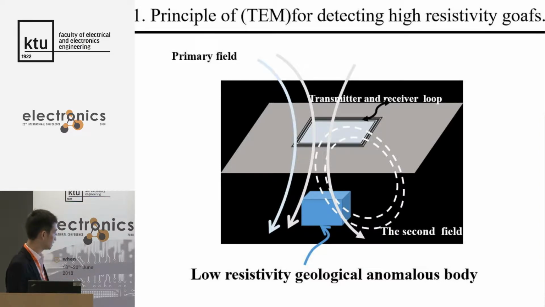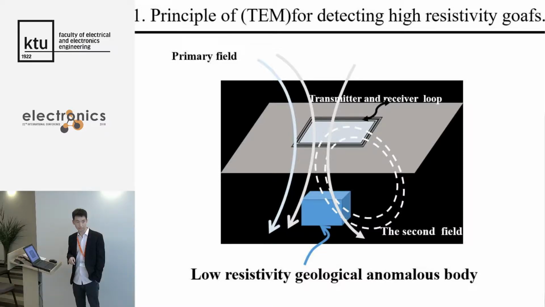Then if there is a goaf in this area, an eddy current will be generated, and the eddy current will generate the secondary field. The secondary field can be received by the receiver. Through some processing, we can get the response through TEM.